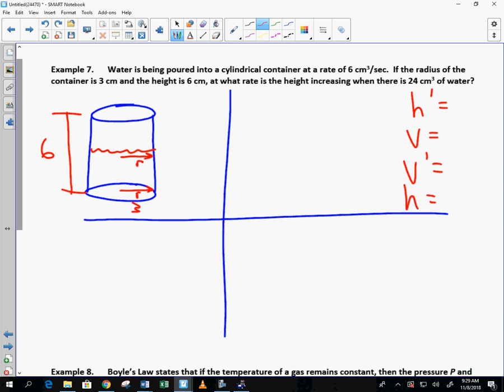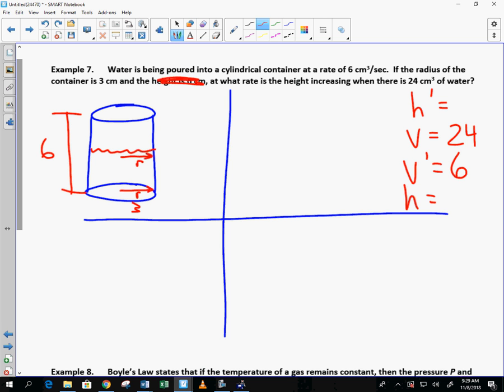Radius is 3. V prime is 6. And V is 24. What are we trying to determine? H prime is what we're trying to determine.